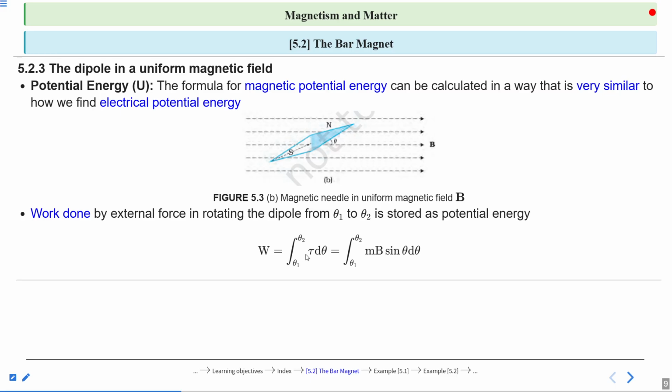We integrate this small work done from angle theta 1 to theta 2, because we are rotating this magnetic needle from theta 1 to theta 2. So work done is the integral from theta 1 to theta 2. What is tau? We calculated MB sine theta in the previous slide. Put this value, now integrate.